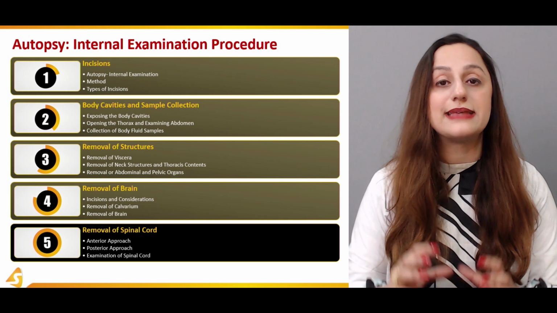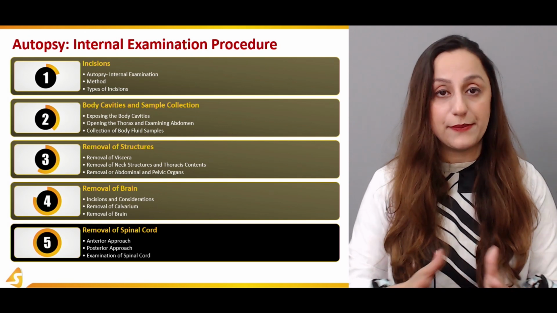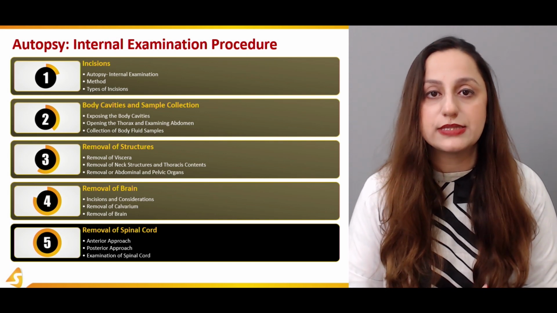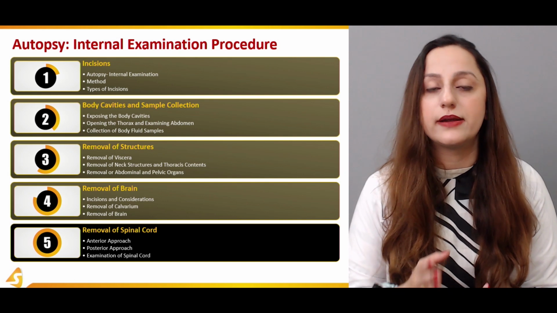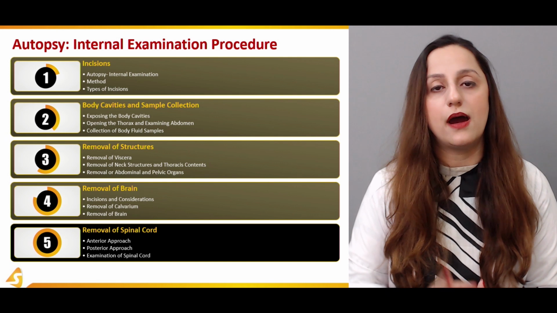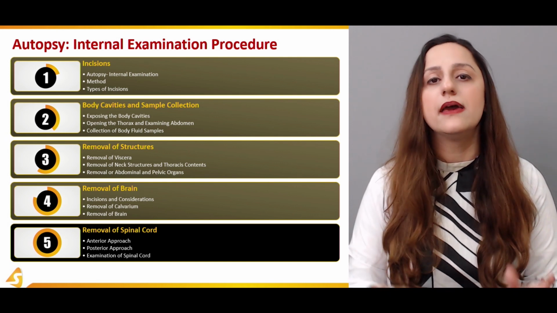And then there is an examination of the spinal cord in detail. First of all, we have to do the inspection, and then the detailed examination. The sections of the spinal cord are inspected in detail, and then samples are sent to the chemical examiner for further toxicological analysis, if any can be found.